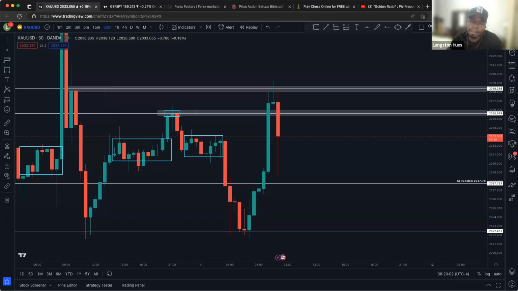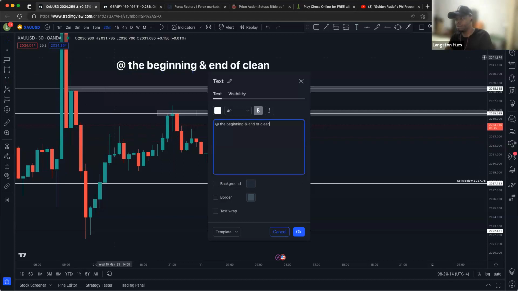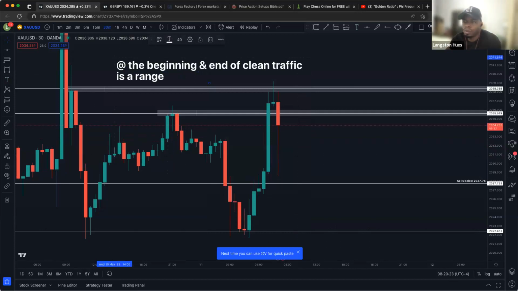So what we say is the beginning and end of clean traffic is a range. So again, to reiterate, the beginning and end of clean traffic is a range.